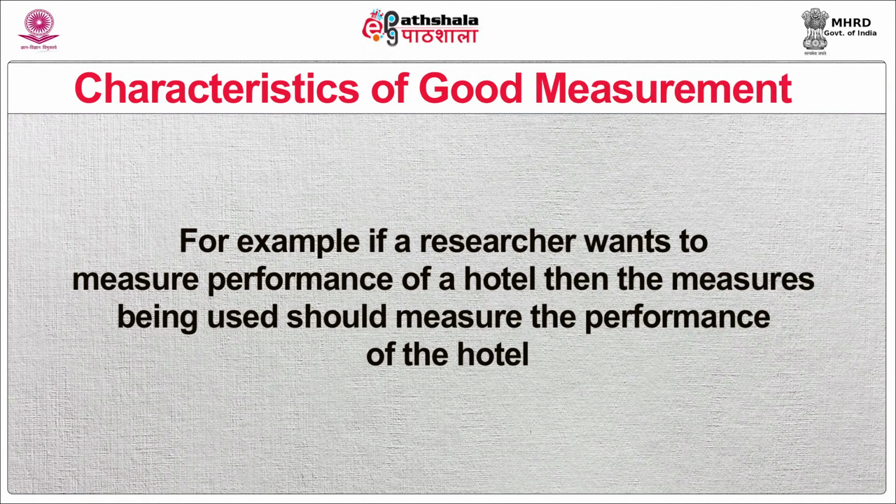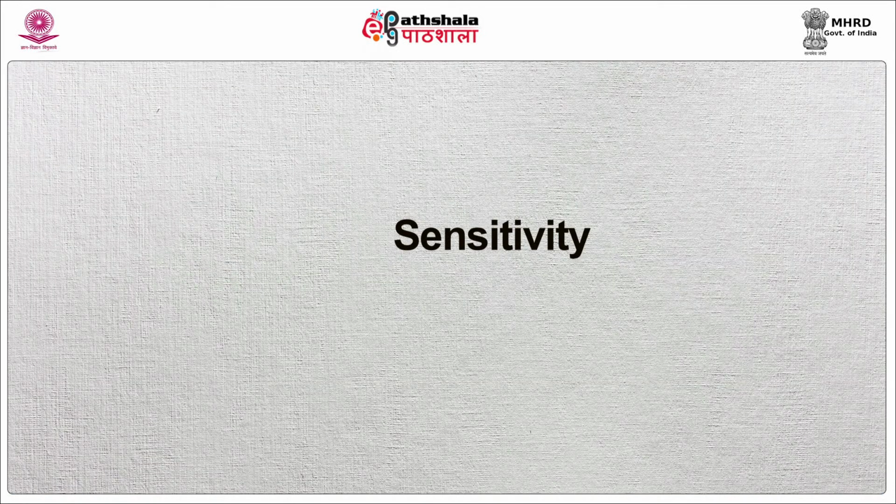For example, if a researcher wants to measure performance of a hotel, then the measures being used should measure the performance of the hotel. These measures can vary from sales to profitability, but the basis for choice should be in review of literature.